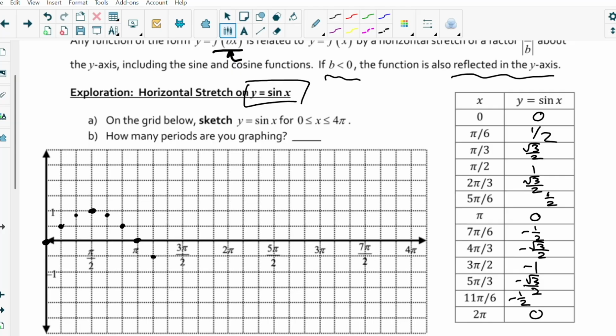Then you'll see that the values are going to repeat symmetrically here. So I know how to draw this going all the way through. So there we go, folks, all the way to 4 pi. So nice and smooth.